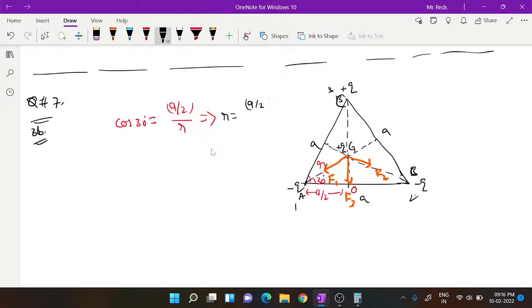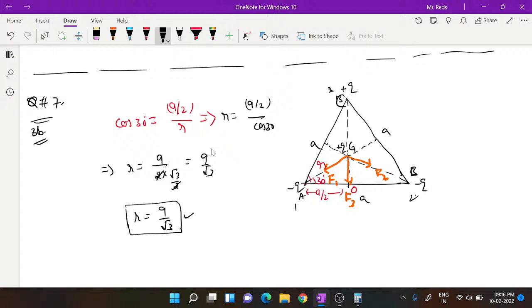So R is equal to A by 2 into cos 30, which is root 3 by 2. The 2 cancels, and later it is A by root 3. So R is equal to A by root 3 is our R. Got it?